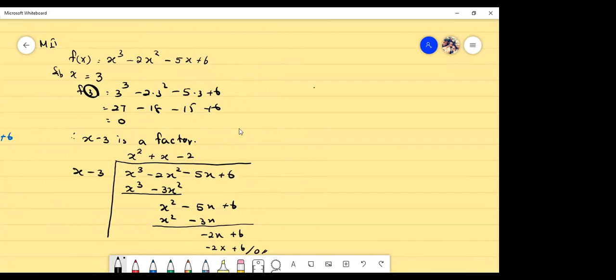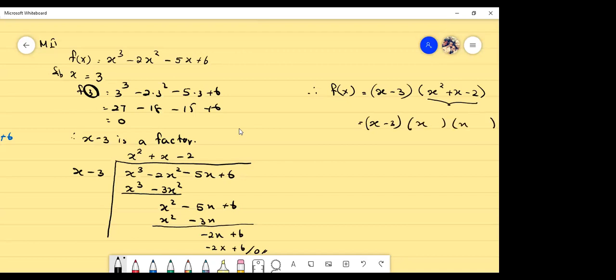Now we can write, therefore f(x) is the divisor and quotient multiplication: x minus 3 and x squared plus x minus 2. Now here we have a quadratic function. Then without the factor theorem, we can get the factors of that: x and x, so plus 2 and minus 1.